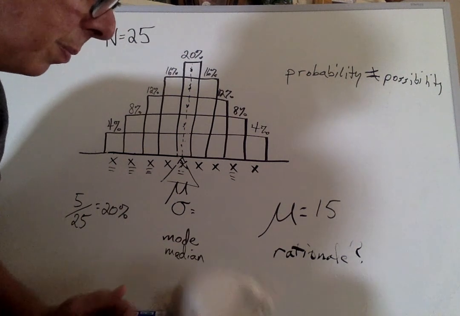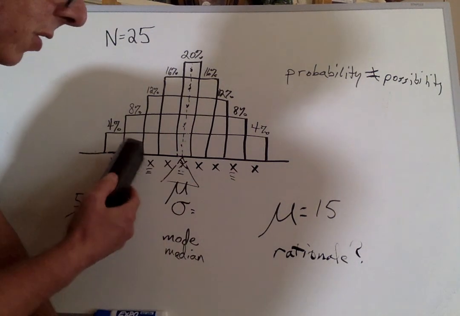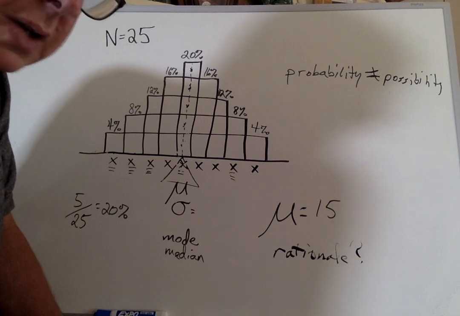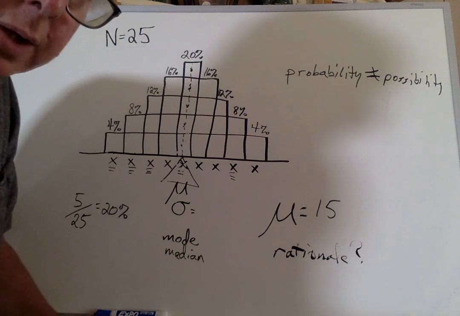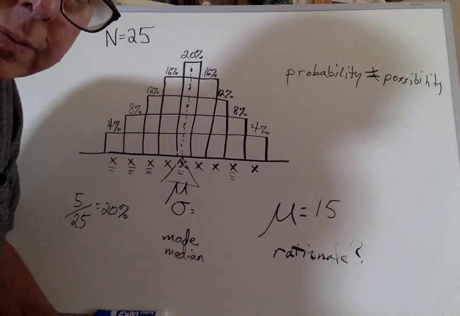Okay? So we'll pick up on that. I'll show you a technique using this distribution, and we'll talk about how we can increase our confidence that we make a good inference about a population based on a sample, some subset.